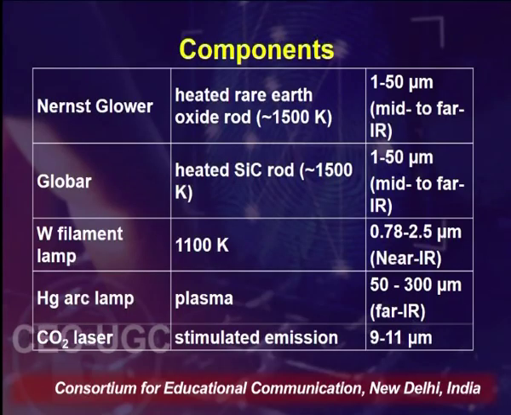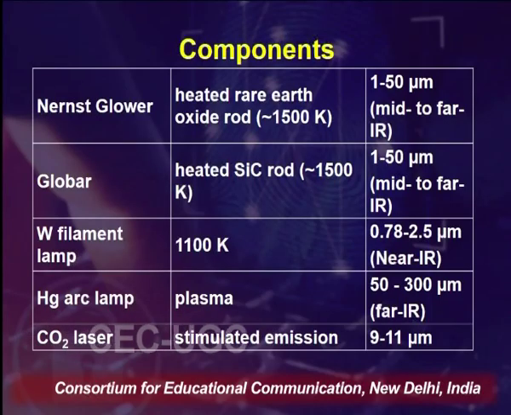We have the W filament lamp, which is heated to 1100 K, and the radiation given by this filament lamp is in the range of near IR, around 0.78 to 2.5 micrometers. The mercury arc lamp uses plasma, and the far IR region is the range. Then we have the carbon dioxide laser, which gives stimulated emission lines, and the range is around 9 to 11 micrometers. So, these are certain sources which are used as a source of IR radiation.